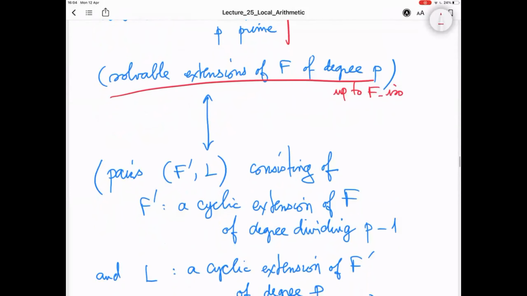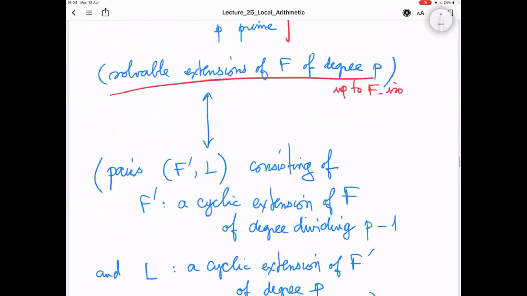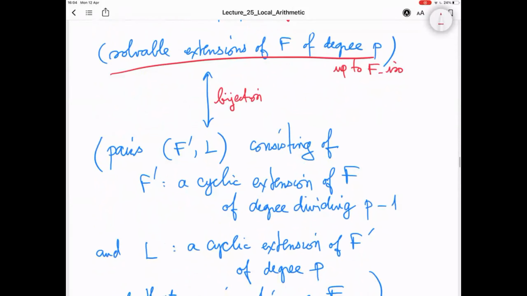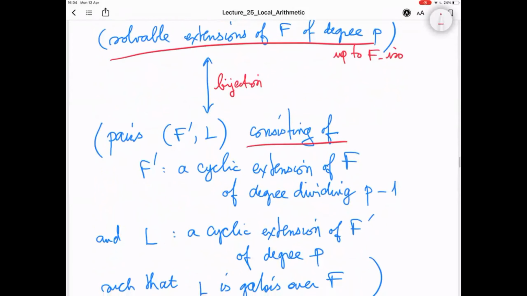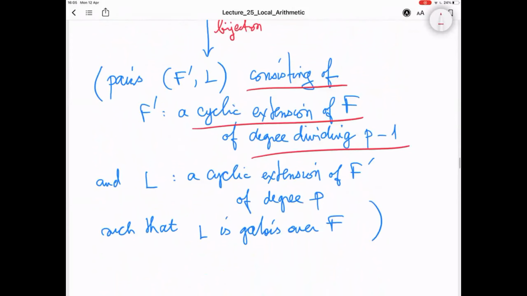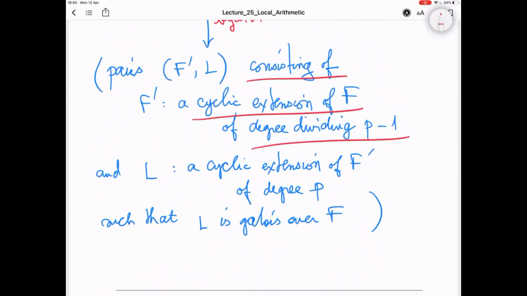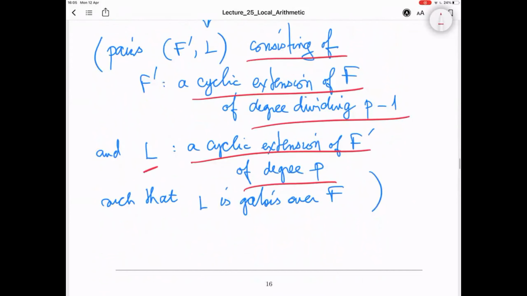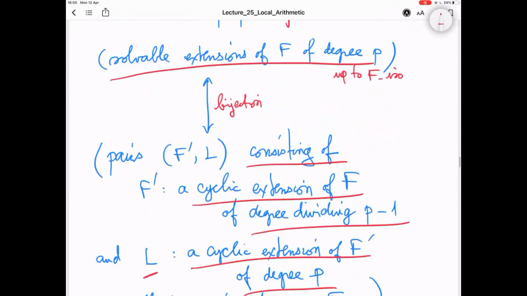And we have put them in bijection with pairs consisting of a cyclic extension F prime of F of degree dividing p minus 1. That's one thing. And the second component of the pair is a cyclic extension L of F prime of degree p such that L is Galois over F. So we have established this bijection.